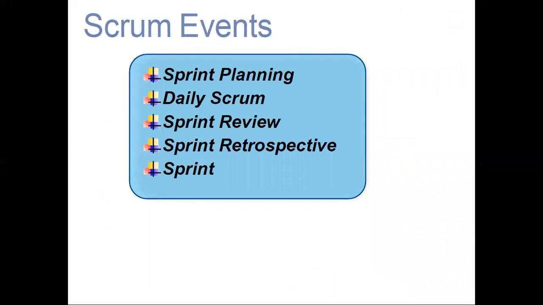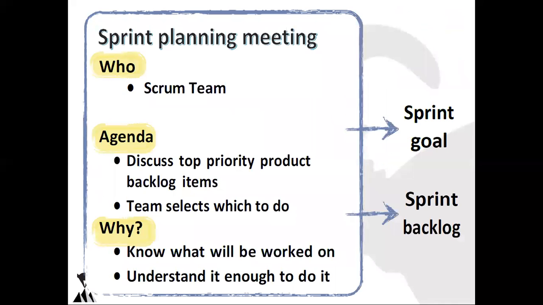So now let's move to the events, Scrum events. Let's begin with the sprint planning meeting. So who attends this meeting? Sprint planning is facilitated by the Scrum Master and the whole Scrum team.